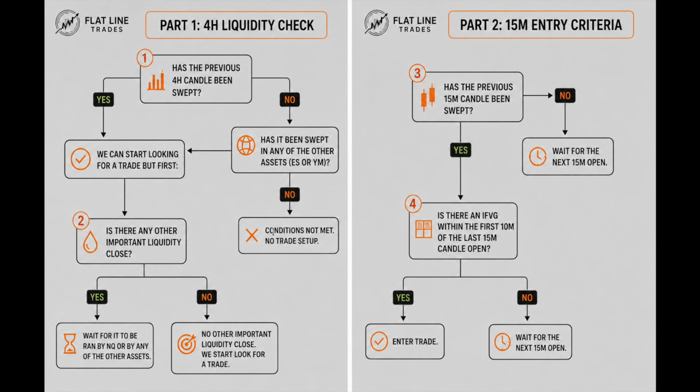If that is no, then the conditions are not met and no trade. So we're still waiting for this 4-hour liquidity to be swept. If it has been swept, then we can start looking for a trade, if it's either been swept on NQ or in any of the other assets.